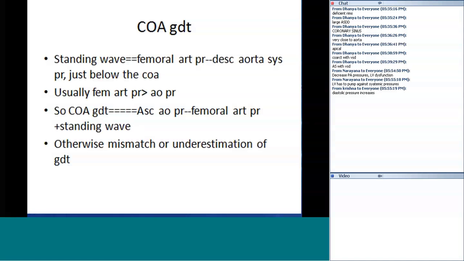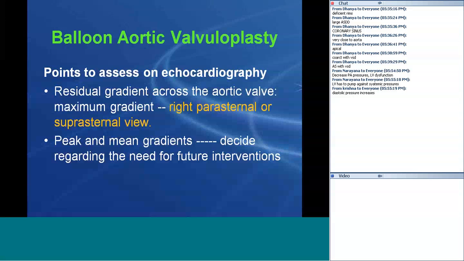This eliminates the underestimation or mismatch between the gradients. So we need to remember this: femoral artery pressure minus descending aorta systolic pressure just below the coarctation. This amount of pressure should be added to the coarct gradient to get the correct coarct gradient.